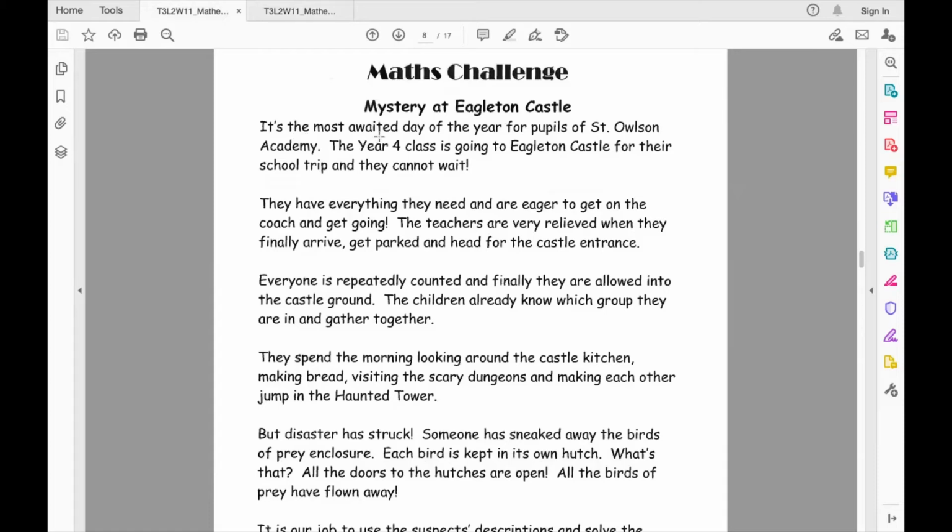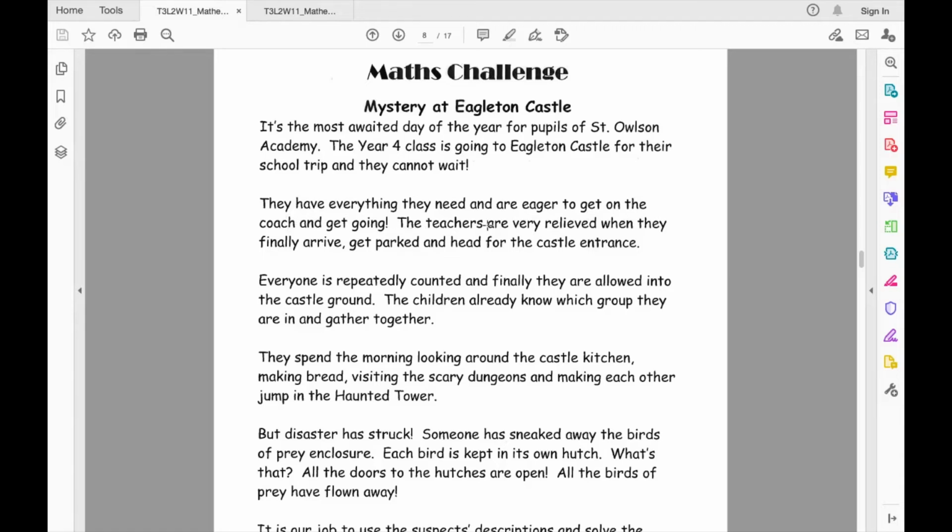It's the most awaited day of the year for pupils of St. Alson Academy. The Year 4 class is going to Eagleton Castle for their school trip, and they cannot wait. They have everything they need and are eager to get on the coach, so the coach is the bus, and get going.